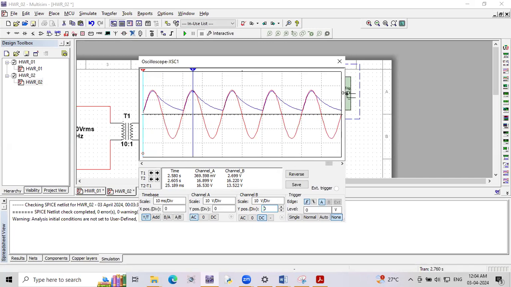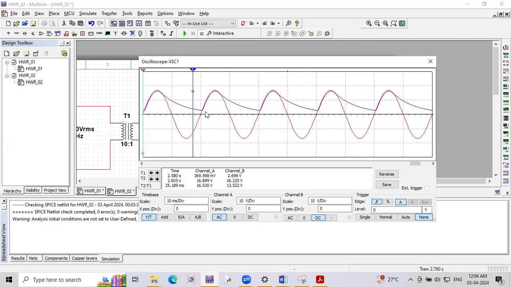You will get approximately 1.6. If you cover from here to here, I'll show the exact value: 0.2, 0.4, 0.6, 0.8, 1, 1.2, 1.4, 1.6.